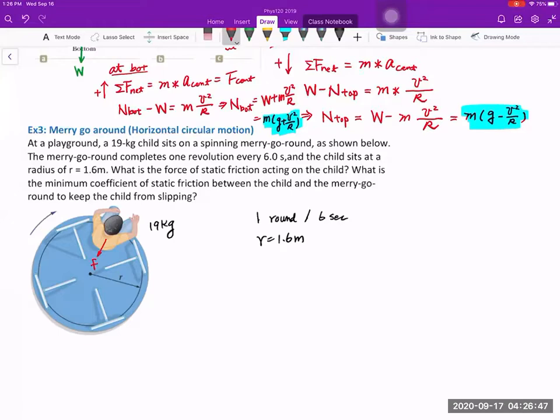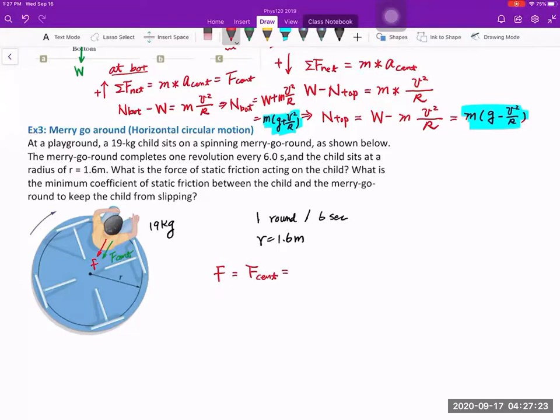Otherwise, you're going to fly away. And where is the friction force coming from? The friction force is coming from the centripetal force, meaning the centripetal force is your friction force.